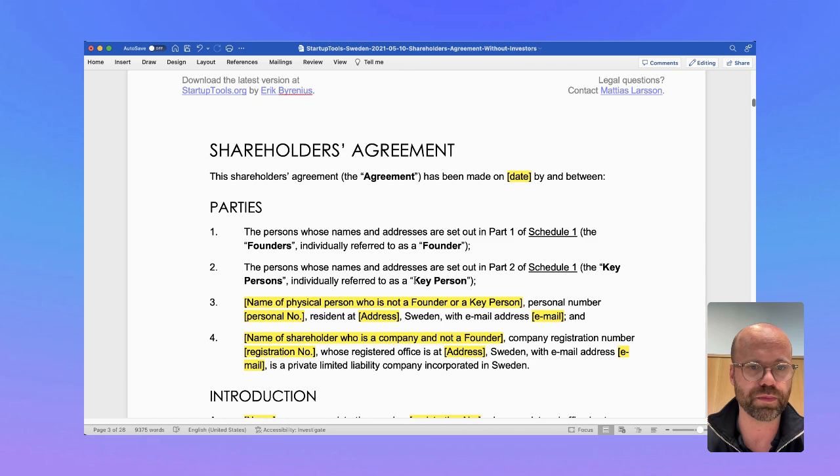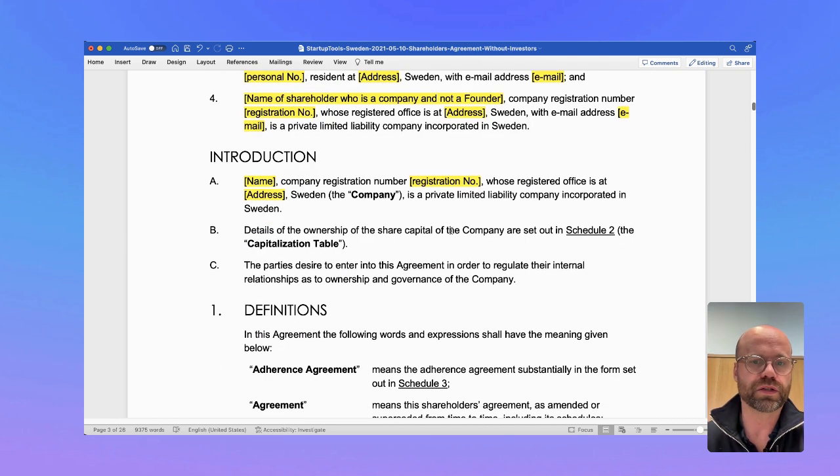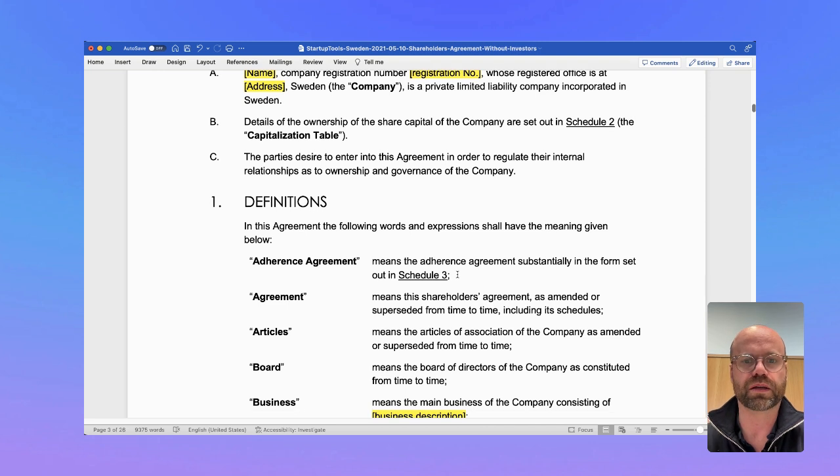Same goes for key persons. Sometimes you also see investors here, who might have some separate clauses. So these are the parties. There are some facts about the company, and there are some definitions of terms used in the agreement.